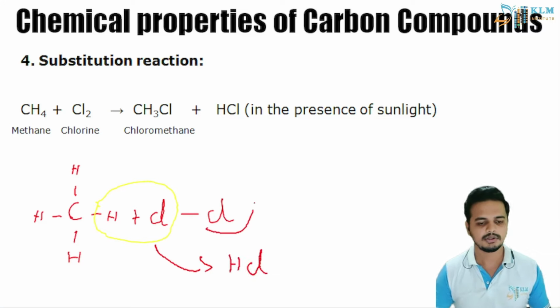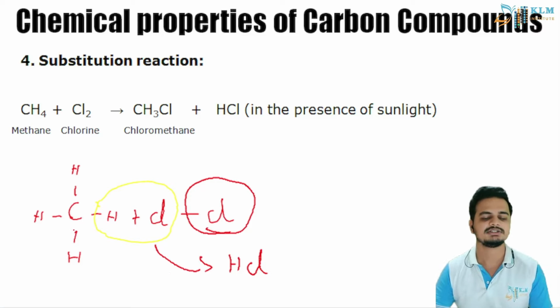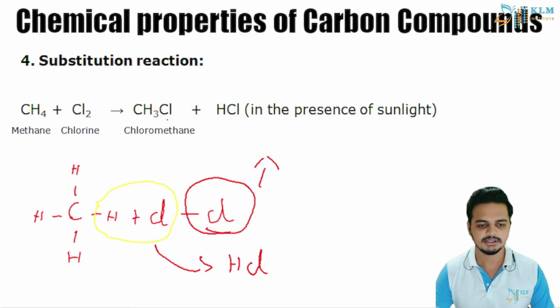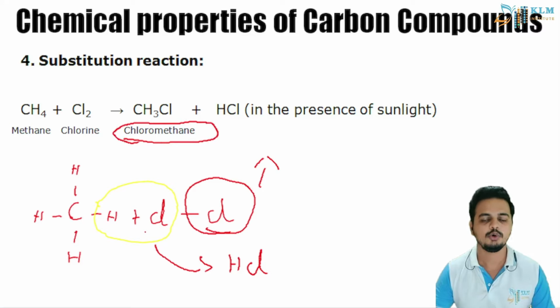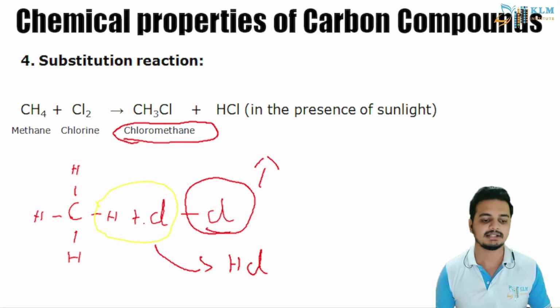So what about this other Cl? This Cl goes and attaches to the carbon atom. So this compound becomes CH3Cl, that is chloromethane. So this is a substitution reaction. One hydrogen is getting replaced by one chlorine.